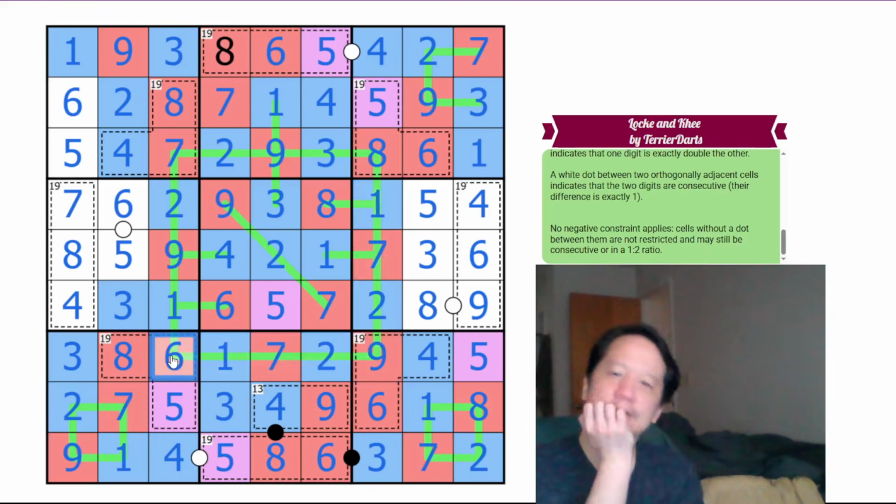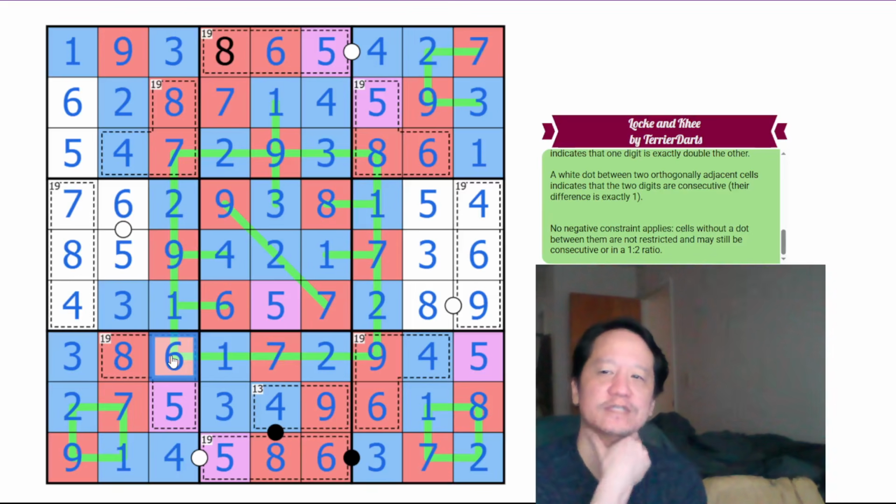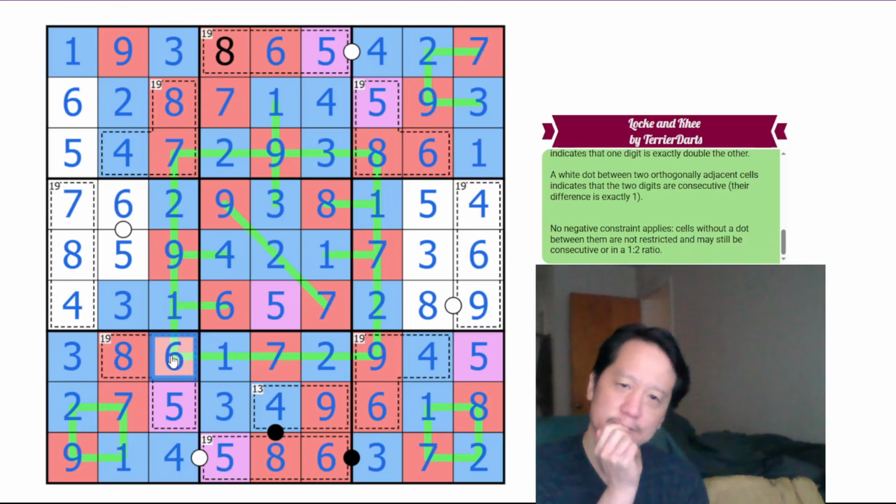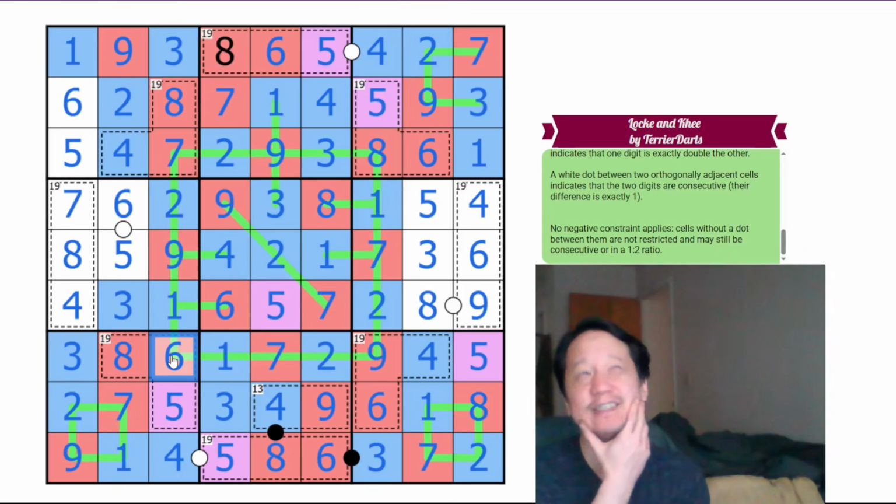Would I classify this as very easy? I mean, it's pretty straightforward. Execution isn't that hard. I'm not sure.